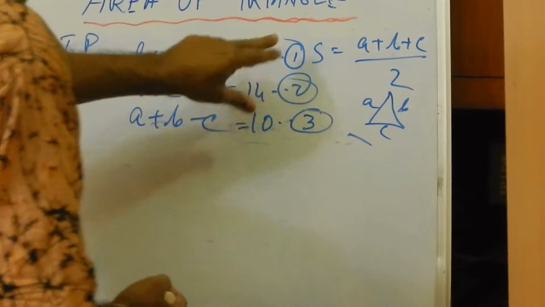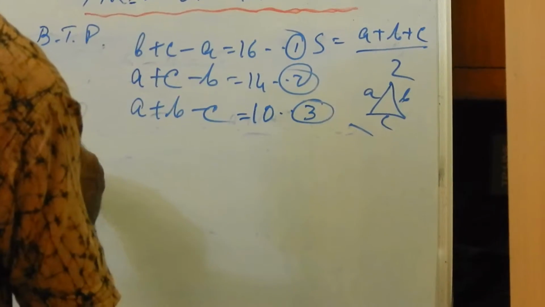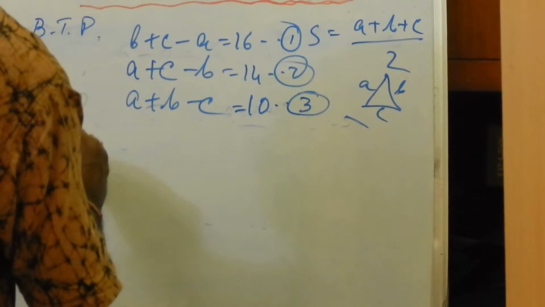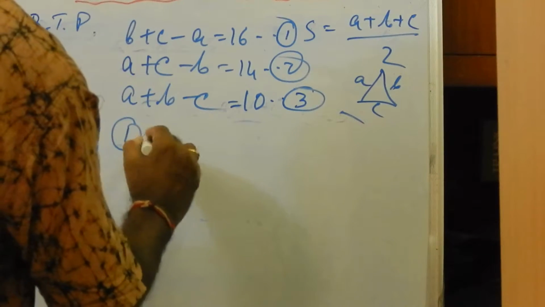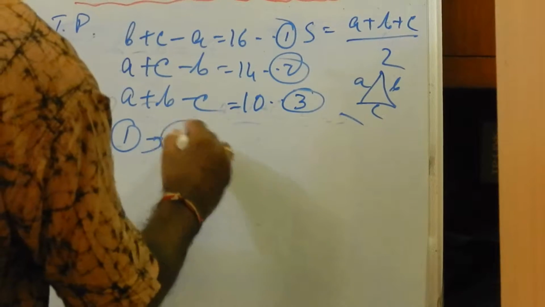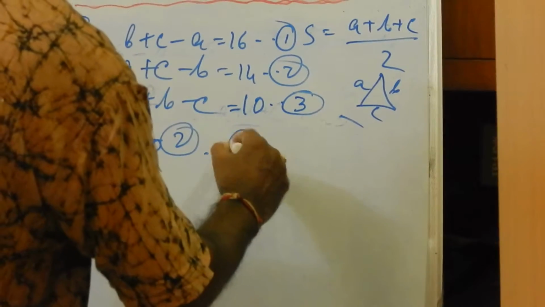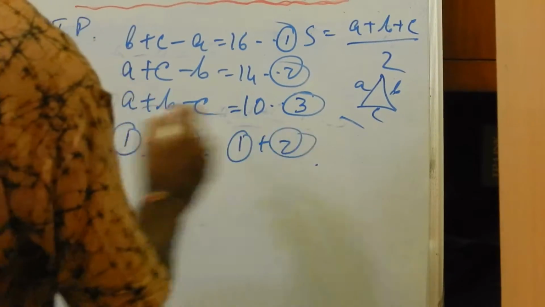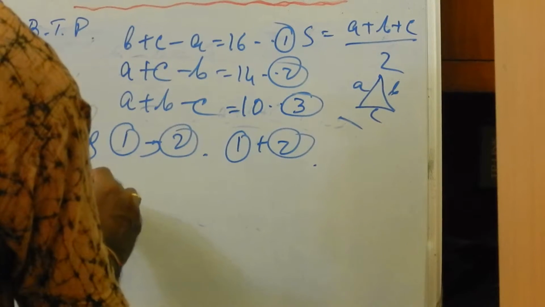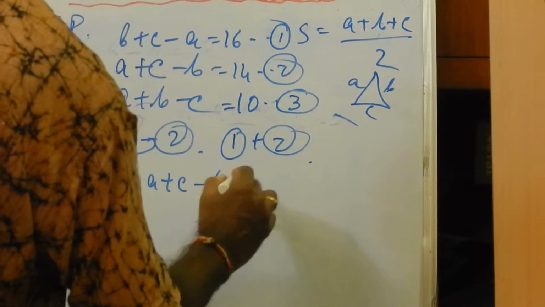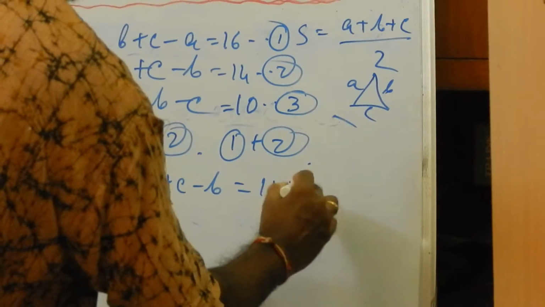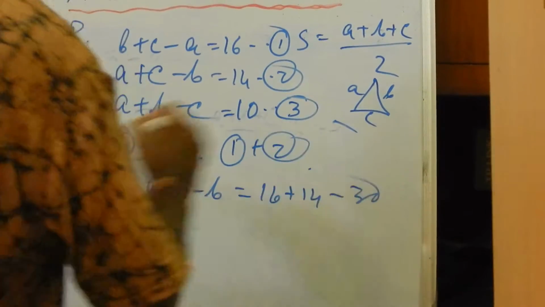As you know, if you add equations 1 and 2, that means 1 plus 2, what do we get? b plus c minus a plus a plus c minus b equals 16 plus 14 equals 30.